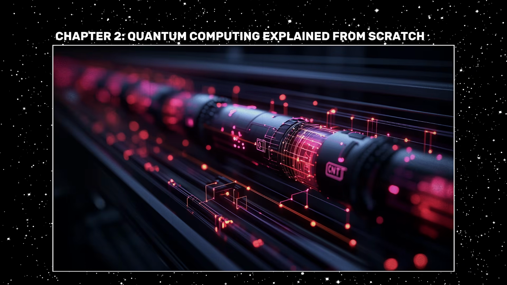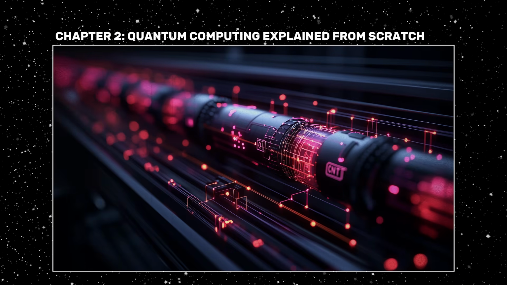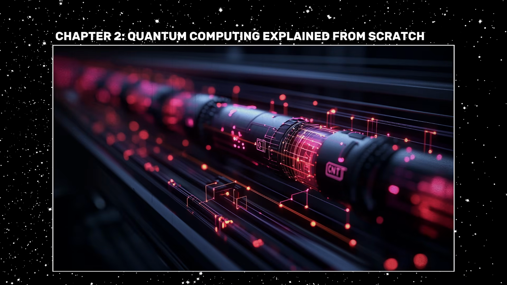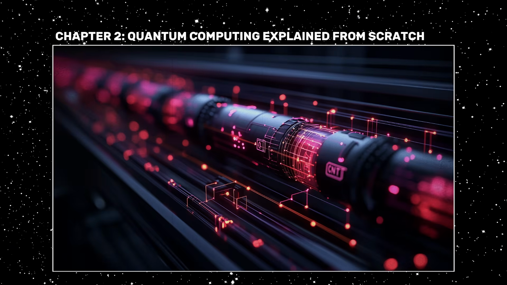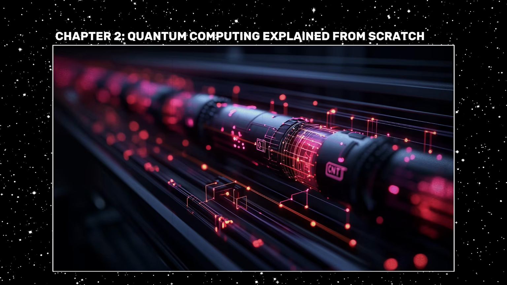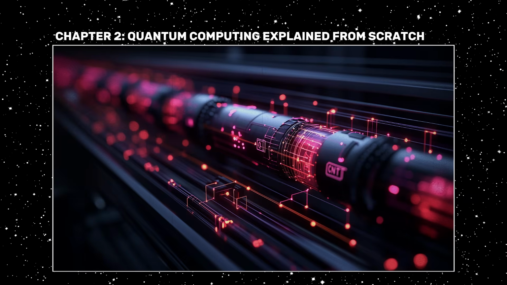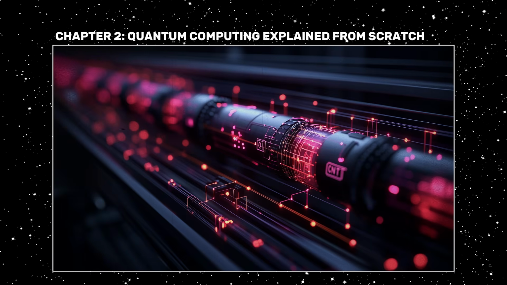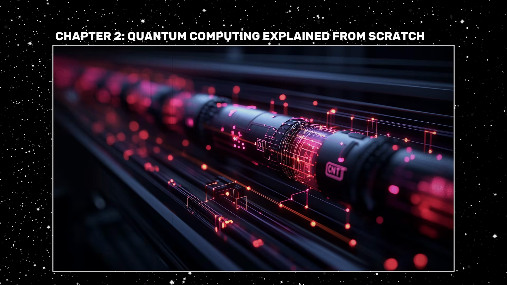High-fidelity readout often involves converting quantum signals into electrical or optical measurements with specialized amplifiers or detectors, ensuring that the measurement accurately reflects the underlying quantum state. Improving readout fidelity remains an ongoing engineering challenge, as measurement errors can propagate through computations and reduce overall accuracy.